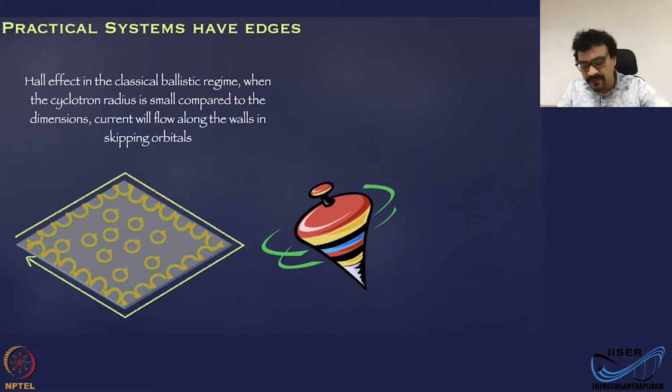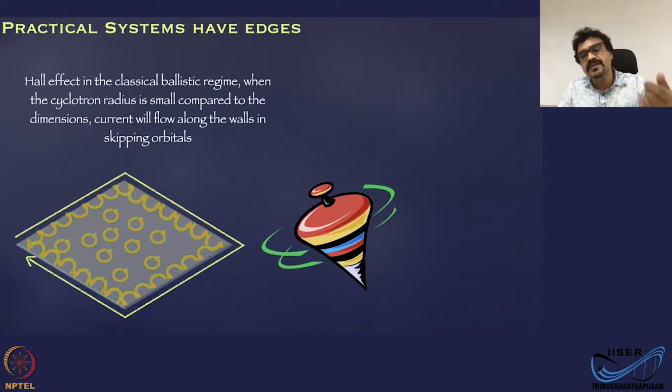Now, those electrons at the edges will not be able to perform a full cyclotron motion. By the time they reach the edge, they will reflect back, but again they will continue, but again reflect back, and they are going to run around the edges of the system, just like a top.